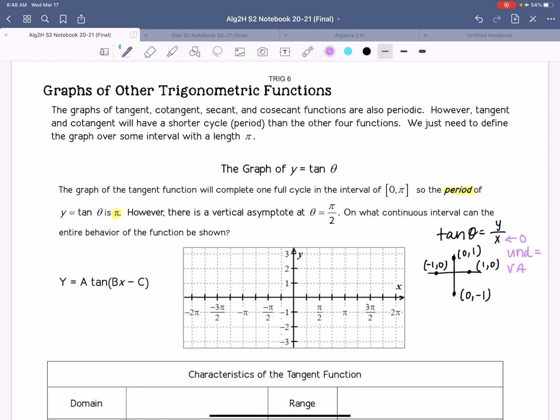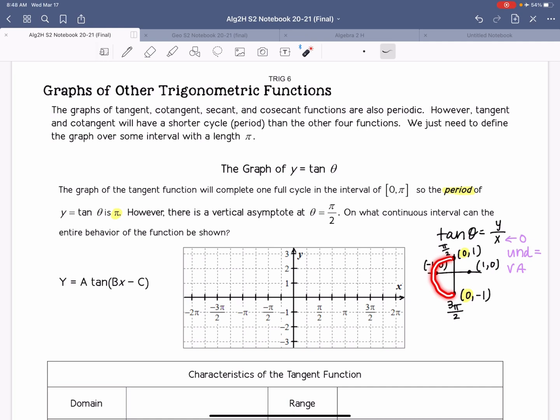So I look at this unit circle graph, and when is x 0? It's at pi over 2, or 90 degrees. So remember, this is pi over 2. And then this would be 3 pi over 2. At those 2 points, I'm going to have vertical asymptotes. And notice again, from here to here is half of a circle, or 180 degrees.